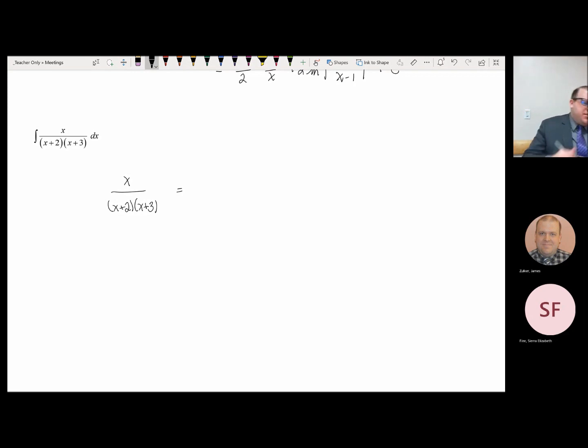It's linear, it's not repeated. So that factor contributes to the decomposition A over x plus 2. X plus 3, linear, not repeated. That contributes B over x plus 3. Now we have to solve for A and B.